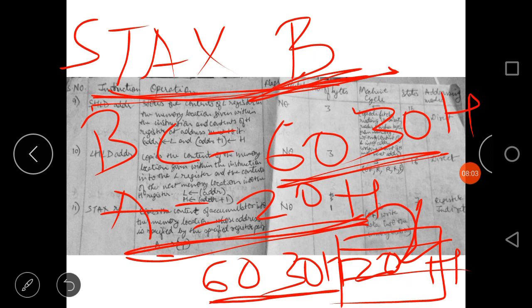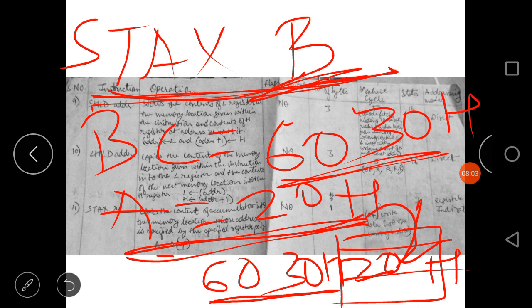First, how will this instruction get stored in memory? Since it is of 1 byte, only the opcode will get stored in the memory location. At the time of execution, the first machine cycle will be used for fetching the opcode.